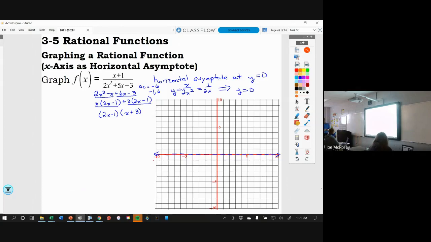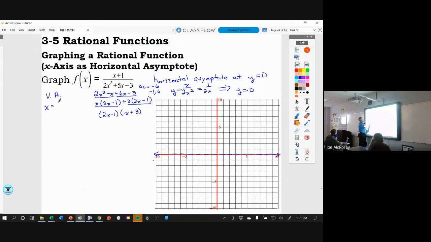Nothing cancels. Okay. So we have two vertical asymptotes. Where are they? 2x minus 1 and x plus 3. So to solve 2x minus 1, I will add 1 to both sides and divide by 2.